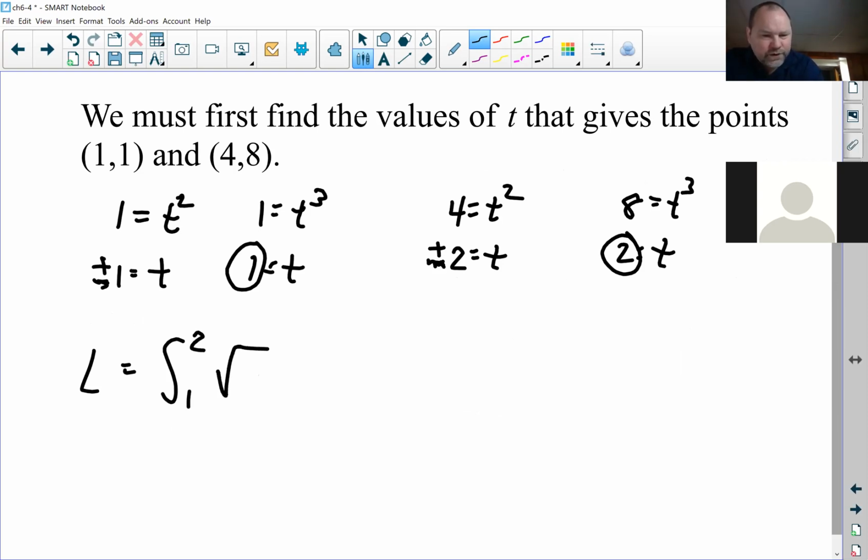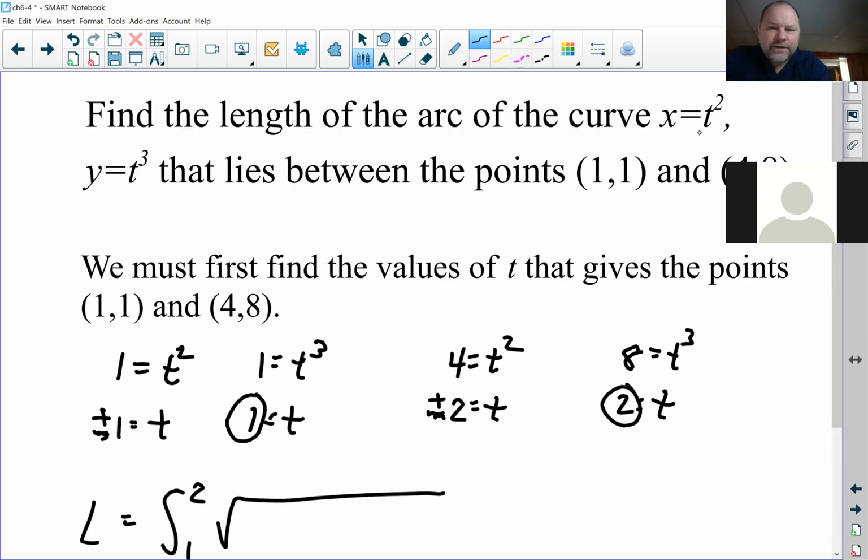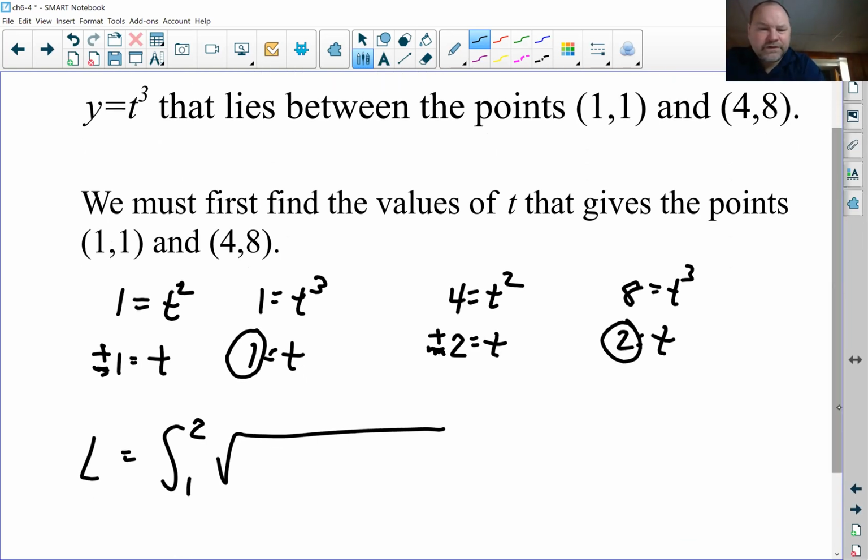We're going to get the square root of the derivative of x with respect to t. Now let's see, that would be 2t. And I'm going to square it. Plus the derivative of y with respect to t, which is 3t squared.